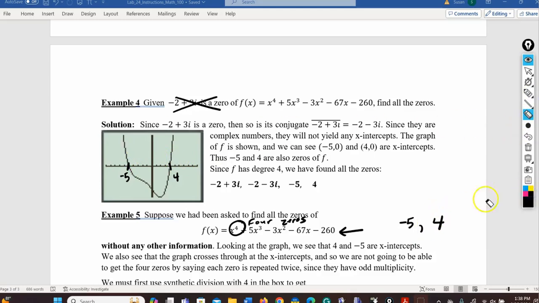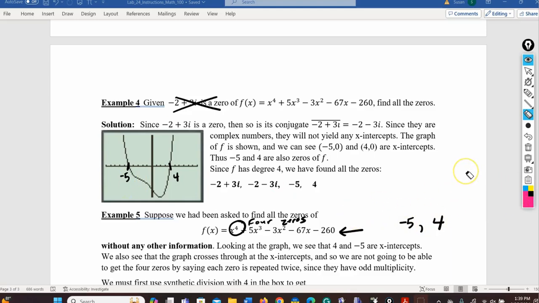you could have maybe 4 only occurs once and -5 occurs 3 times, because since it crosses through, they have odd multiplicity. That is conceivable. Or -5 only happens once and 4 is repeated 3 times. That is conceivable. Or you could have -5 and 4 only occurring once, and your other two are non-trivial complex numbers.